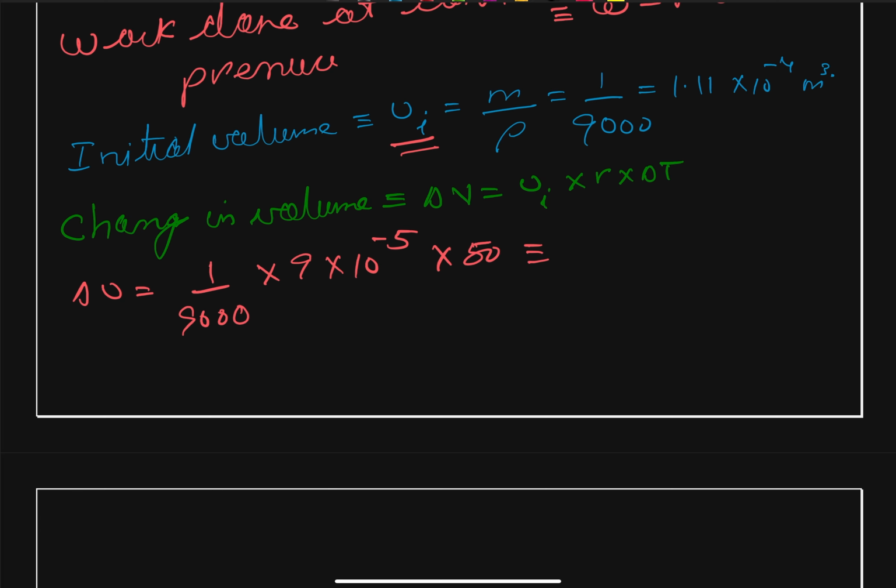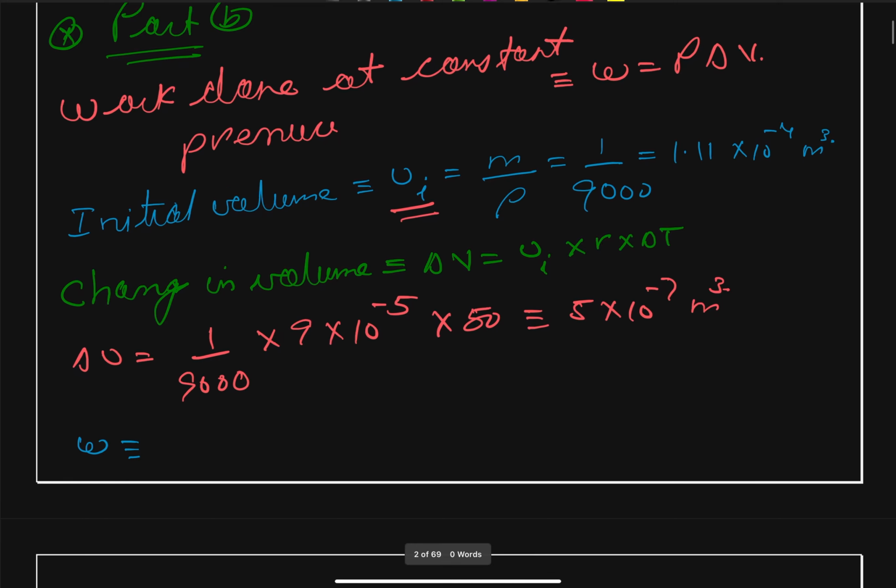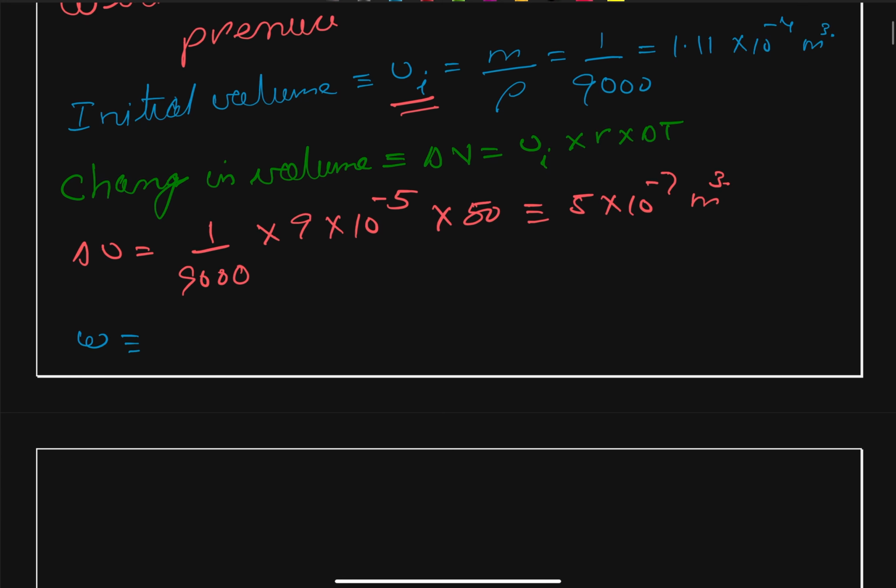Therefore delta V comes as 5 into 10 to the power minus 7 meter cube. So work done W will be equal to P delta V. P is atmospheric pressure, which is 1 into 10 to the power 5. The change in volume is 5 into 10 to the power minus 7, and this comes as 0.05 joules.